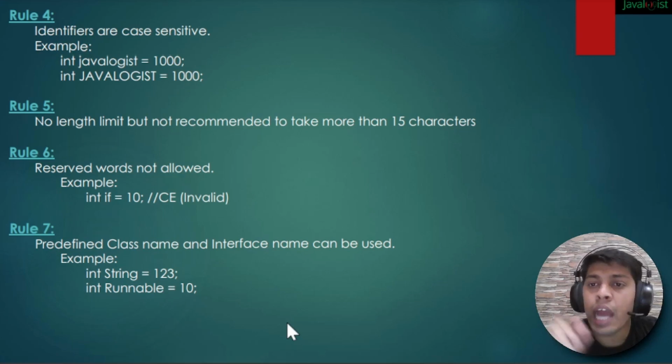In summary, identifiers in Java are names given to variable, method, class and label. They must follow specific rules and conventions to avoid errors and make the code more readable and understandable. Now we will see it practically.